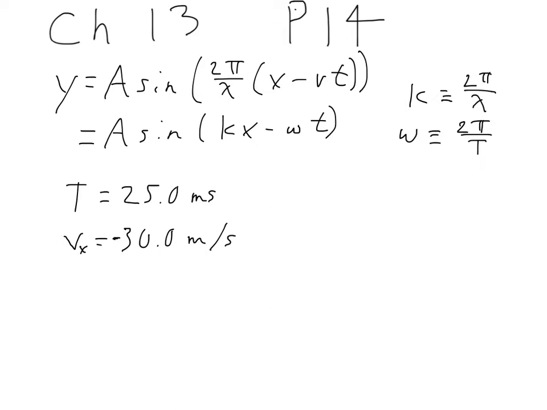So we are told basically that the y component at x position 0, time coordinate 0, is equal to 2.00 centimeters, and the velocity at that instant of that little element, again at the same position and time, is 2 meters per second.